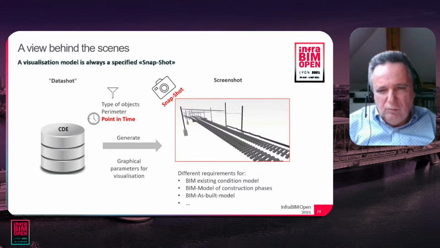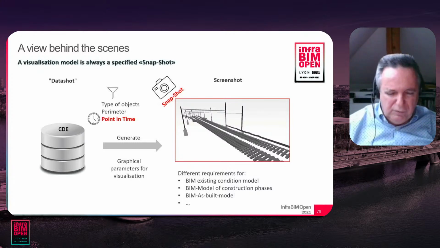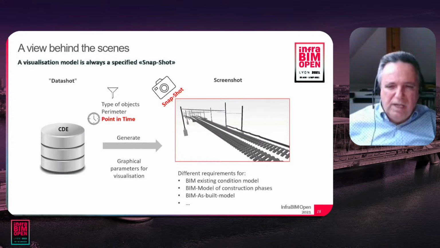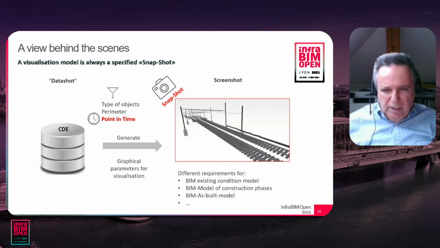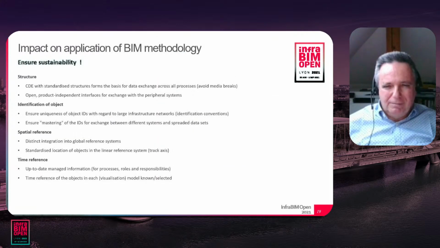And the filter means that we can select the type of objects needed in a specific perimeter and for a point in time. And in combination with graphical parameters for visualization, we should then be able to generate a snapshot for different BIM models, like existing condition model or as-built model and so on. So really what is important is that we have all the data in the CDE for that, in the structure we mentioned before.